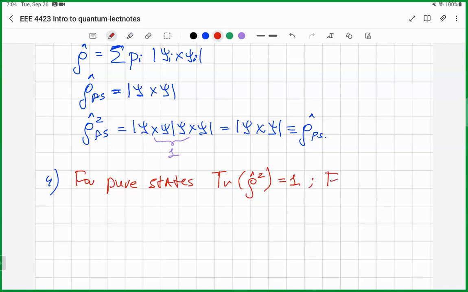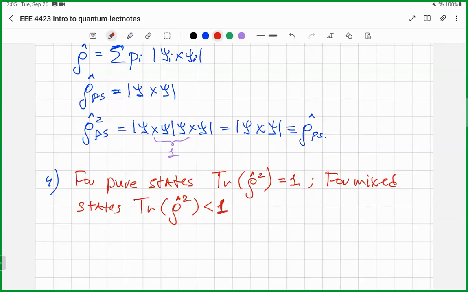For mixed states or systems, the trace of the squared density operator is less than 1. Okay, and the closer the trace is to 1, the more pure the quantum system.